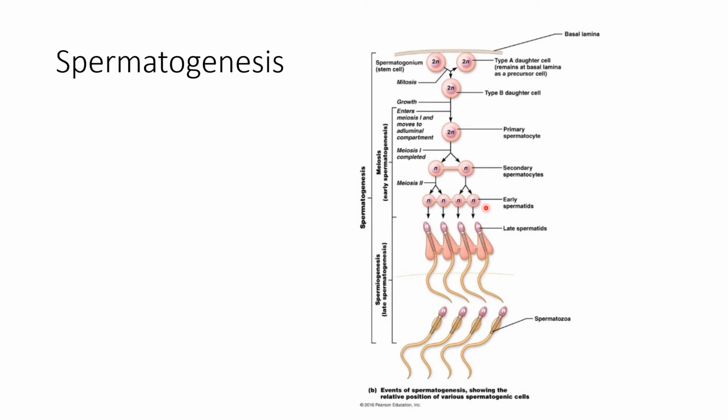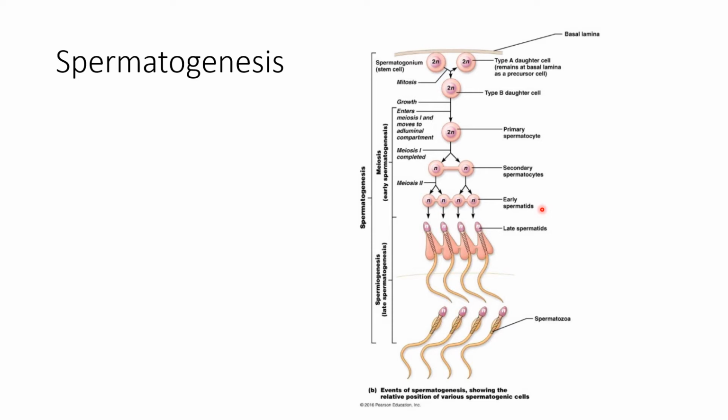So instead of 2N, we are just going to refer to the set of chromosomes as N to tell you that now they are only carrying half the number of chromosomes. Those spermatids right here are non-motile, so they can't move.